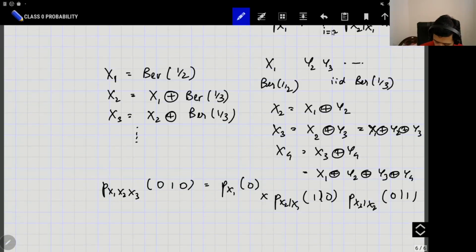And the same holds for all possible combinations of x1, x2 and x3. So that's what it means for something to be a time homogeneous Markov chain.